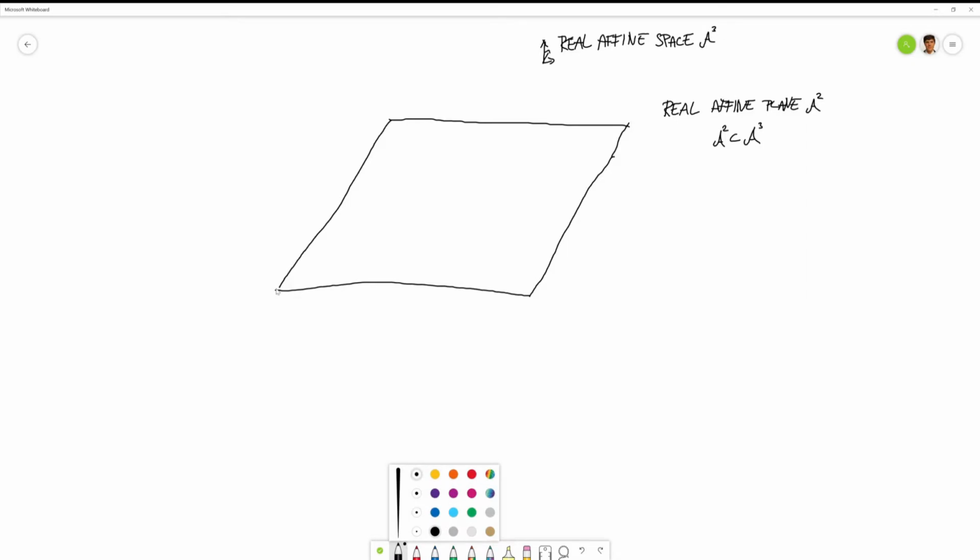This image has some bases like b1, b2, and also we can see in this plane some points which are two-dimensional, like the point u, which is approximately 3, 1.